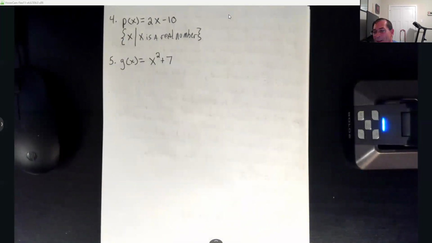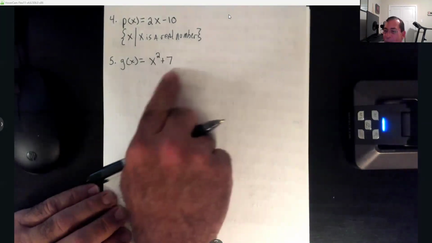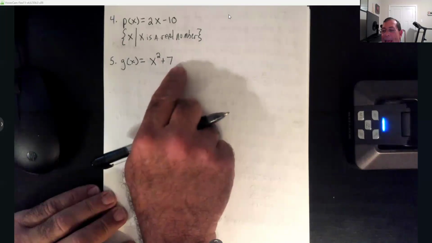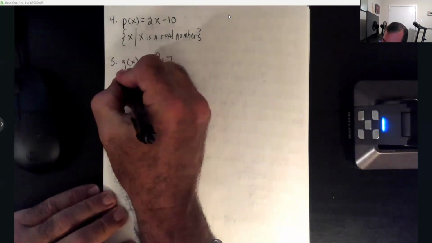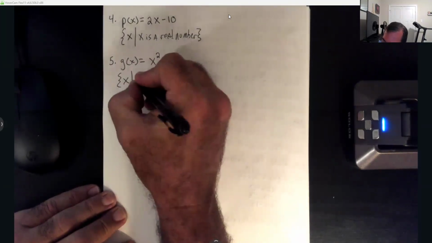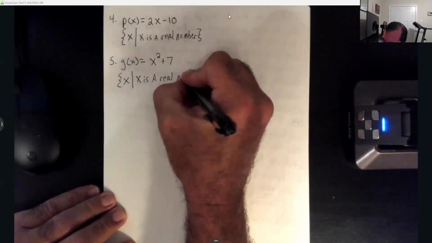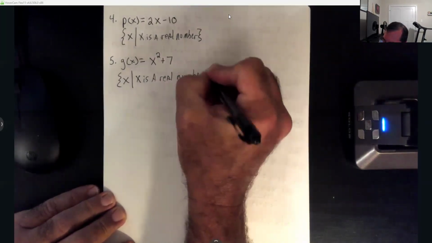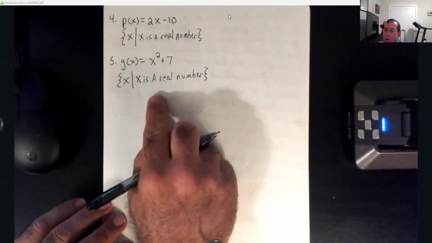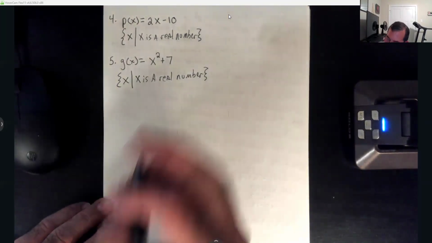Well, guess what? It is definitely all real numbers. I don't see no fractions. So whatever number you give me, I can square it and then add 7 to it, okay? So we got no restrictions. So that'll be x such that x is a real number. Now, MathLab will have all this written out for you, so you don't have to write them out. You just pick A, B, C, D on these ones, okay?